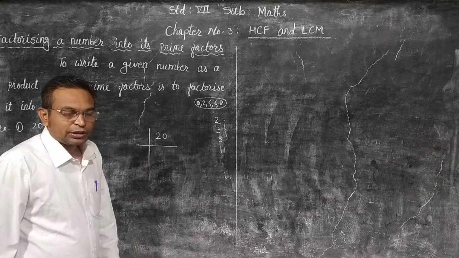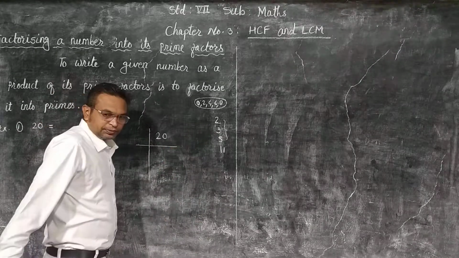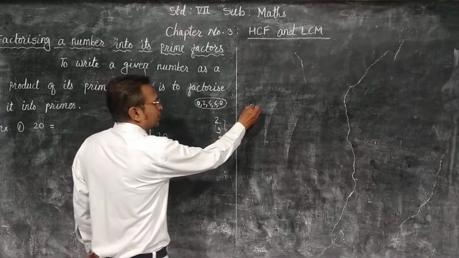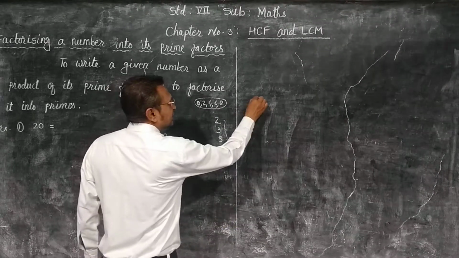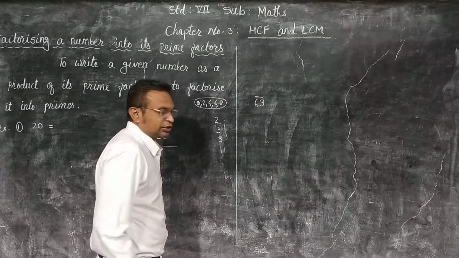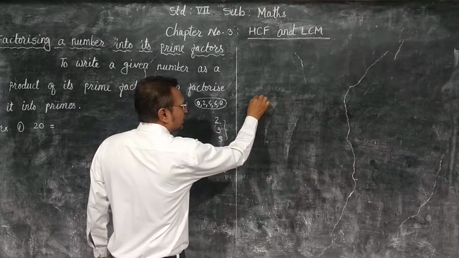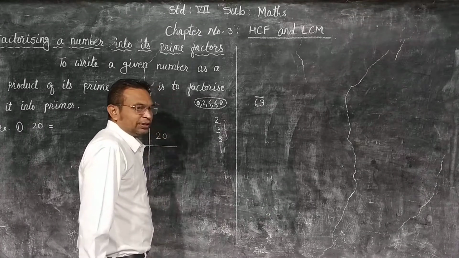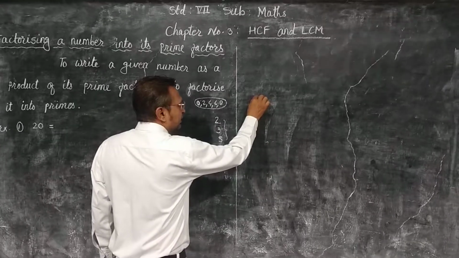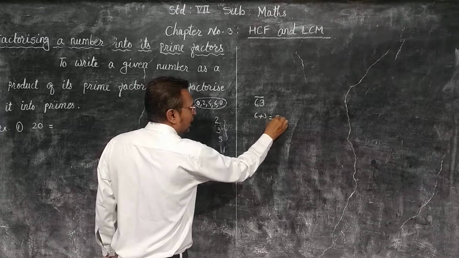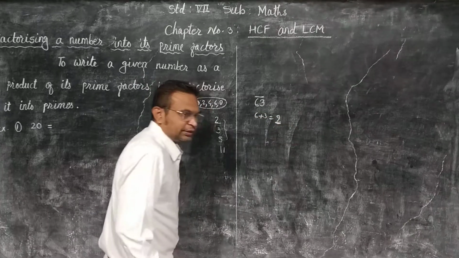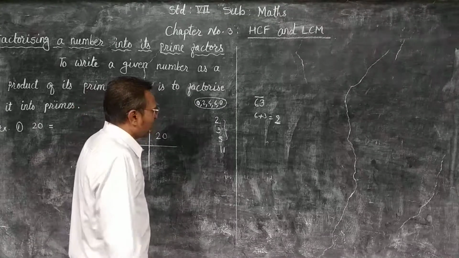What is the test of 3? Adding the digits. The sum of the digits is a multiple of 3. It means if we add these two digits, 6 plus 3 is equal to 9, and 9 is a multiple of 3.